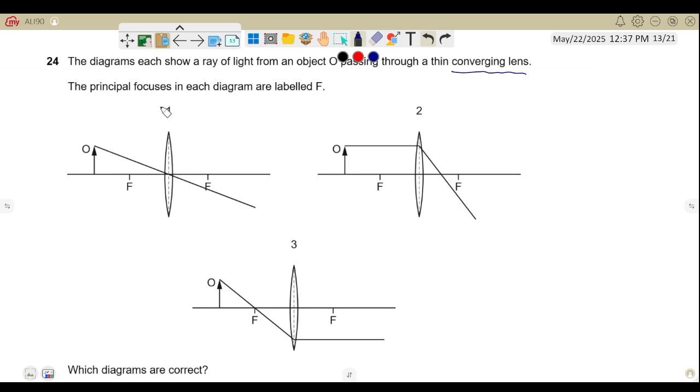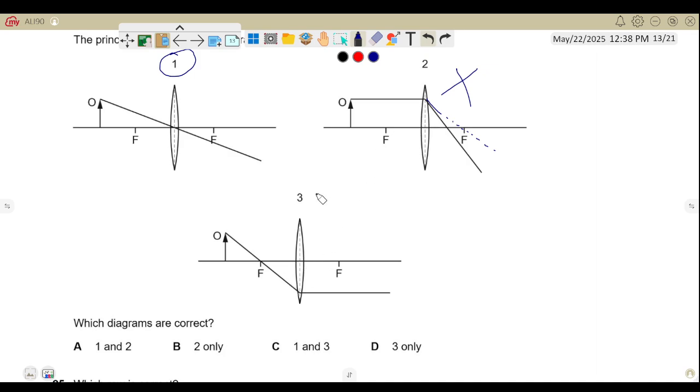So this one is correct already. What's the problem with this one is that when an incident ray comes into the lens parallel to the optical axis, it must go through the principal focus. That's what makes it false. So this one is not correct.